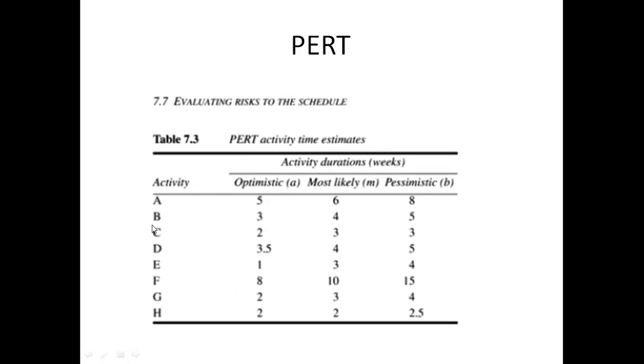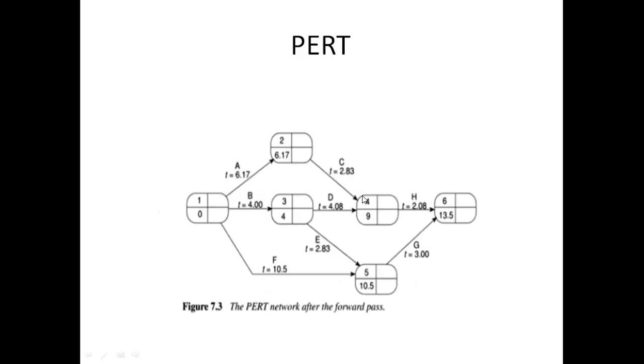So this is the table. Using this table, you have to construct a PERT network in forward pass. In this example, you have to take 15 weeks as the overall project duration.